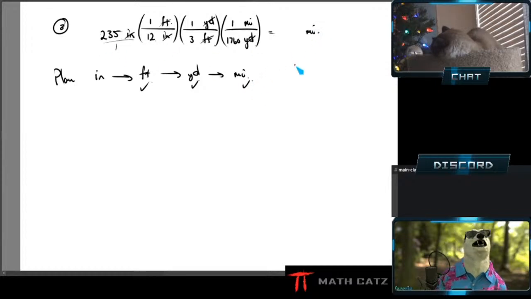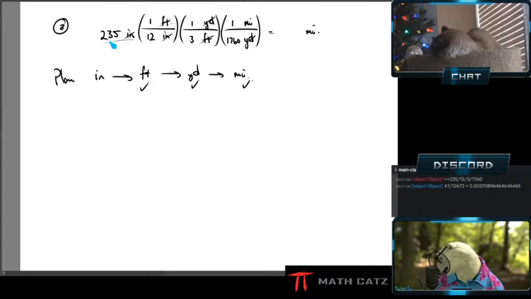Then I just calculate the number. And the numbers are multiply all the top, divide by all the bottom. Let's double check. 235 times 1 times 1 times 1, so that's nothing. Divided by 12, divided by 3, divided by 1760. Oh, that's going to be tiny, isn't it?